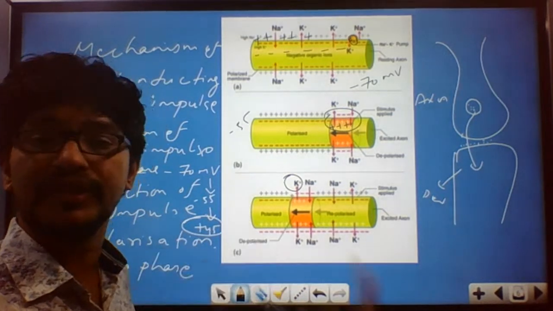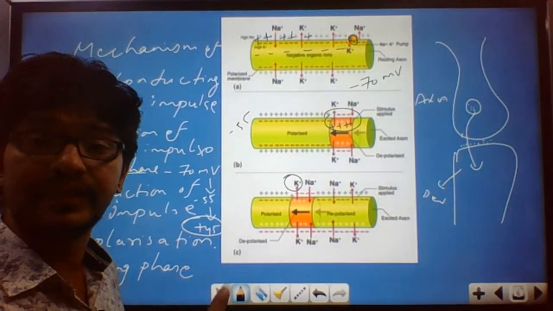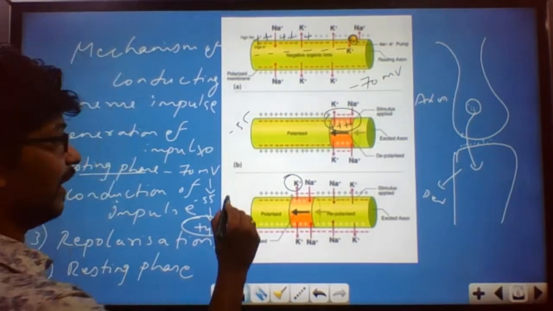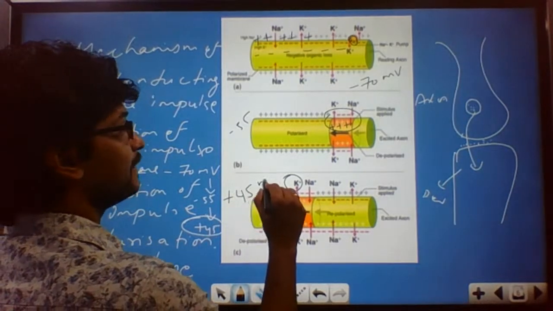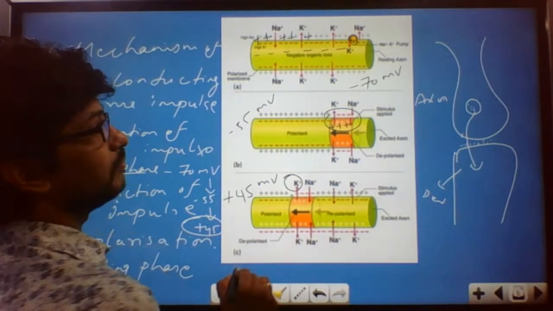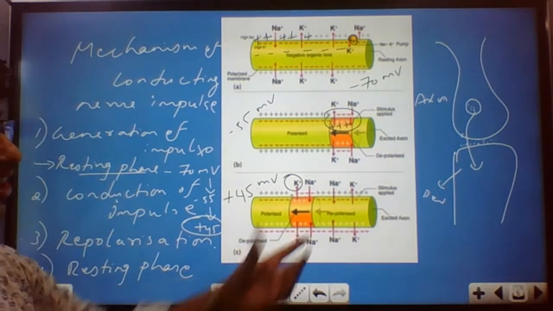Sodium is coming inside and potassium is going outside. In this condition it reaches the action potential of +45 millivolts. So the action potential has been generated.